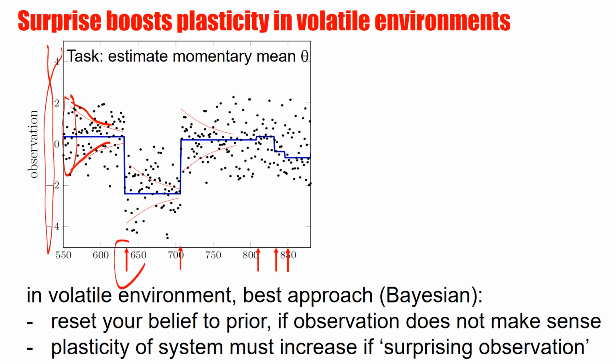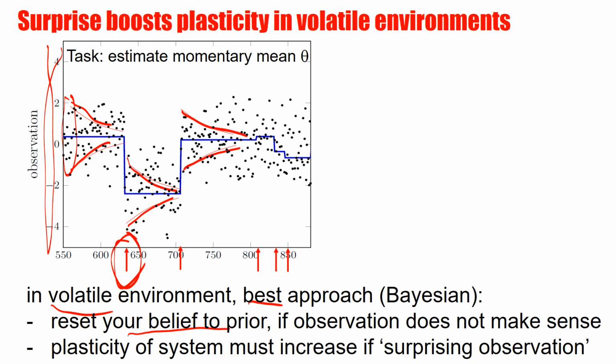But then we have this change point here, and it turns out that in this kind of volatile environment, the best approach in a Bayesian sense is to reset your belief to the prior if the observation does not make sense. So once you discover the change point here, you say, well, dots must appear somewhere, but then again your belief will quickly narrow down to the new situation. But then there's another change point, and again you start and so forth.